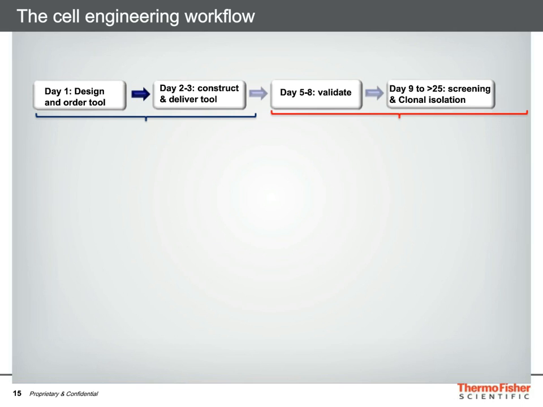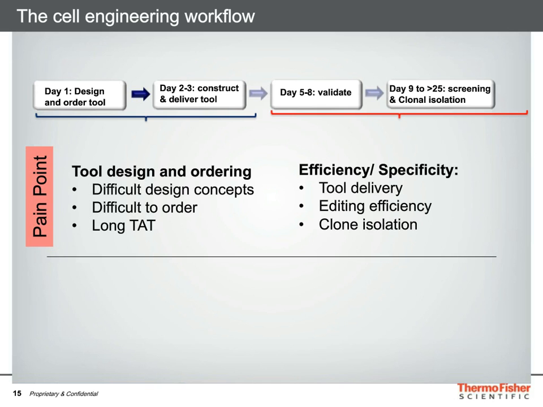And then it comes down to screening and clonal isolation. So there's a fair amount of pain points here that were easily identified, especially if you were working with them in the lab. So first of all, tool design and ordering. Some of the design concepts aren't that straightforward, especially for folks who are new to the field.